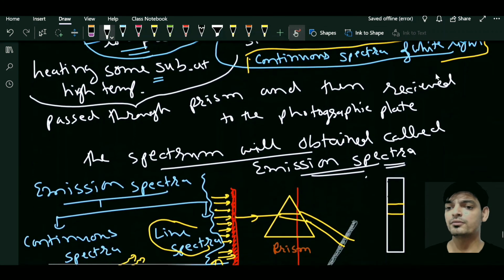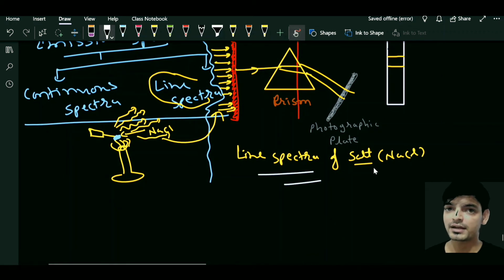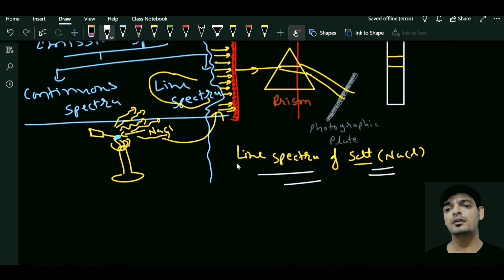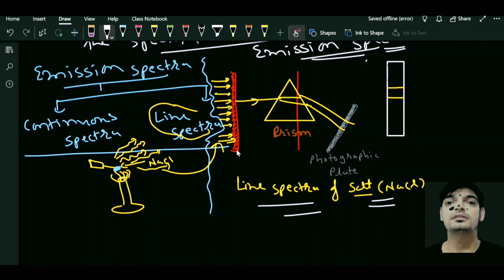Then I explained the line spectra of the salt. If the spectra are continuous, then it's a continuous spectra. If you are getting a particular line on the photographic plate, then it is known as a line spectra. Both are types of emission spectra.